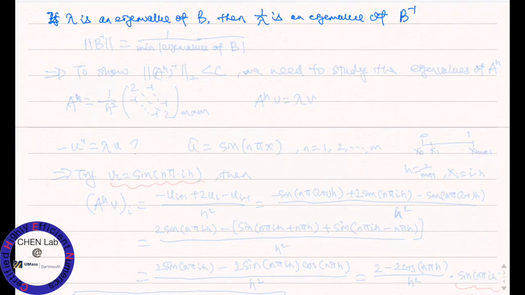So this means that for matrix B, the norm of the inverse of B is equal to 1 over the minimum absolute eigenvalue of B, because you flip all of them, and the minimum eigenvalue becomes the largest. So this is the largest for B inverse, which is equal to its 2-norm.